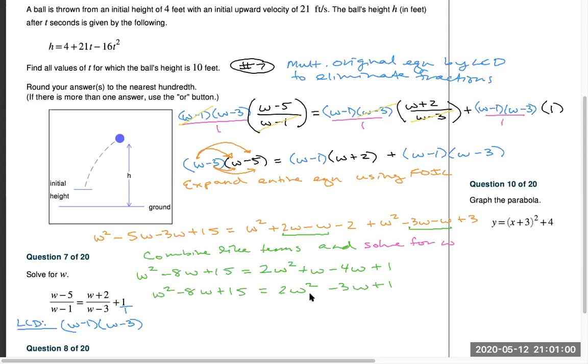So I typically recommend whichever side has the larger coefficient for W squared, try to get all the terms to that side. So let me just do it instead of explaining so much. Here I see I have a 2W squared and I have a W squared over here. So I'm going to want to subtract W squared from both sides.